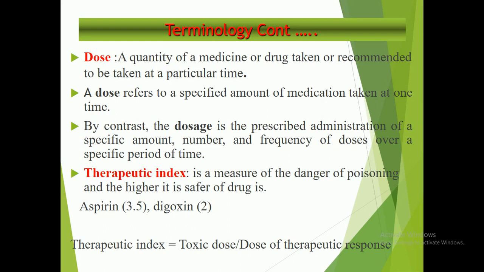It means this is a prescribed quantity of medicine recommended by a registered medical practitioner, and it should be taken at a particular time. A dose refers to a specified amount of medication taken at one time.